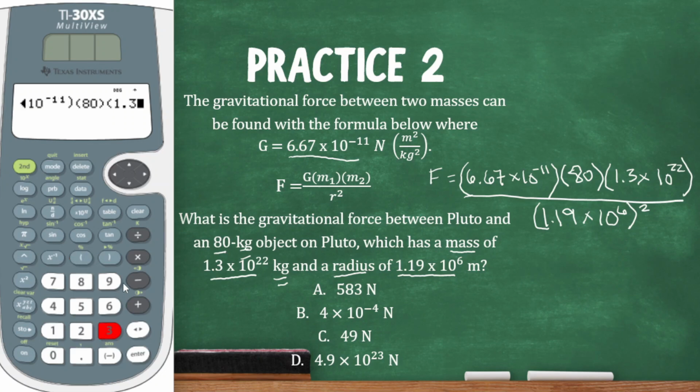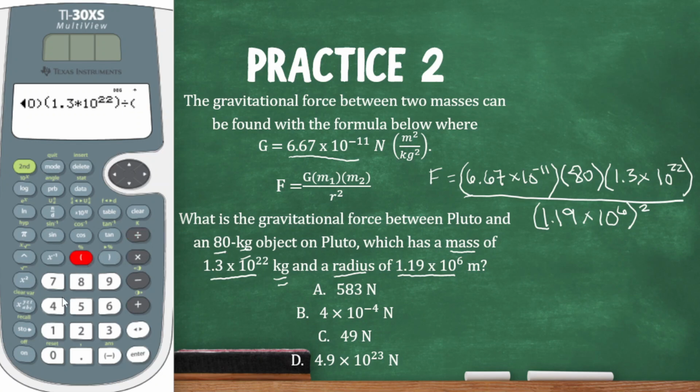1.3 times 10 to the 22nd power, so raise that power, press the right button to get out, close the parentheses, and now that's all divided by the bottom.